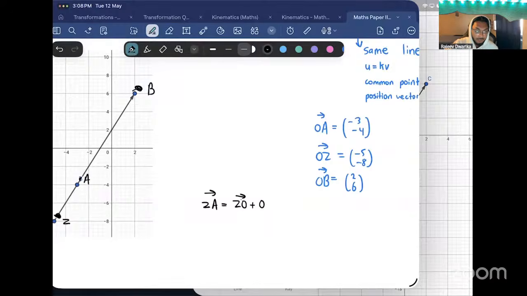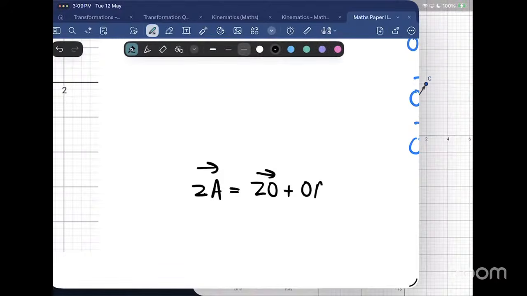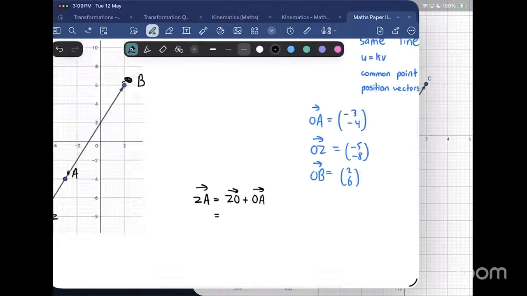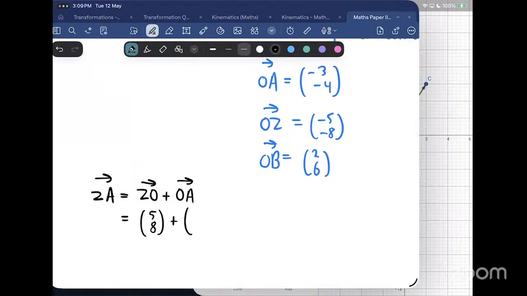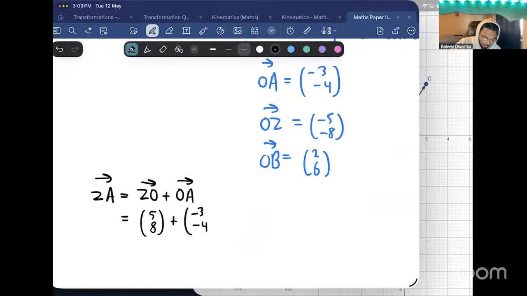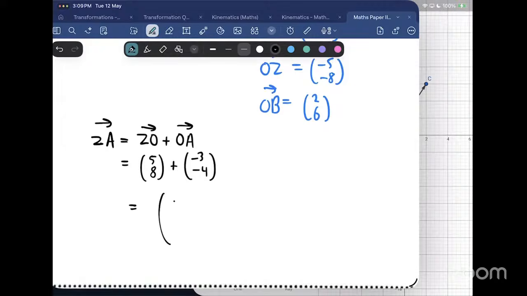A, right? ZO is in the opposite direction, so I'll change this to 5, 8. And OA is -3, -4. So 5 minus 3 is 2, and 8 minus 4 is 4. So that's vector ZA.